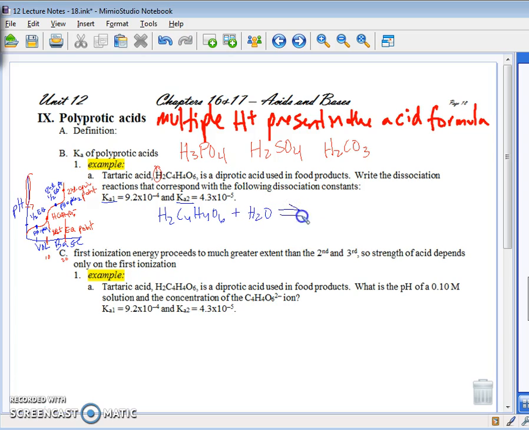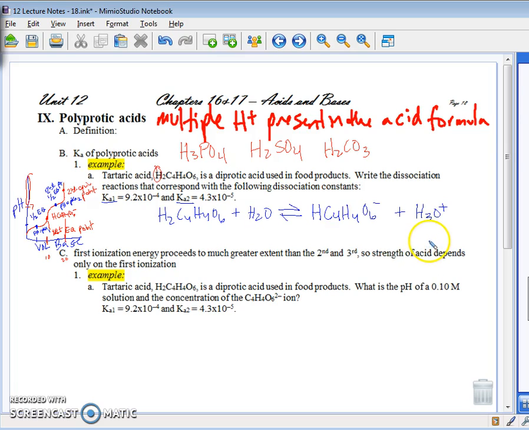As it hydrolyzes water, what's going to be produced? It's going to give up only one of those protons, making HC4H4O6 minus. It's going to give up that H to water, making H3O plus.